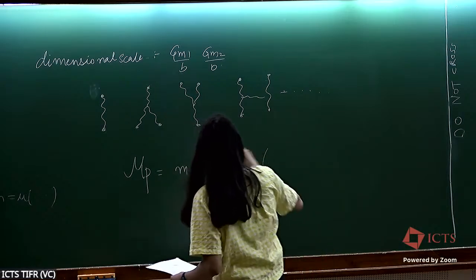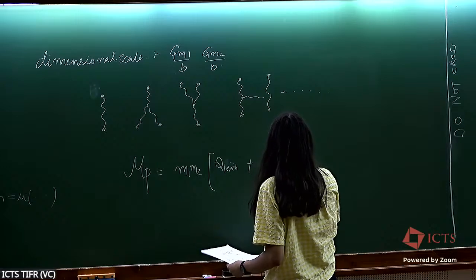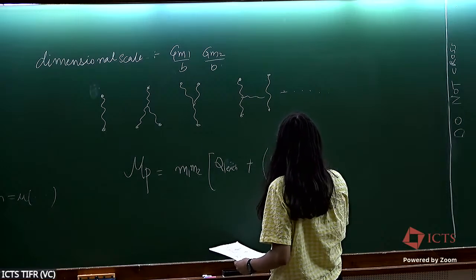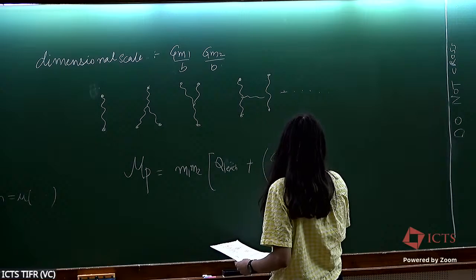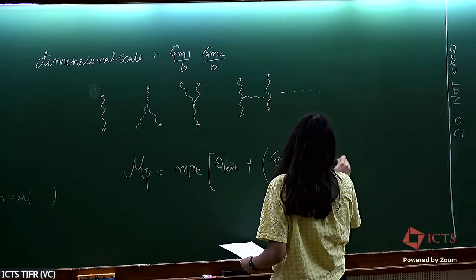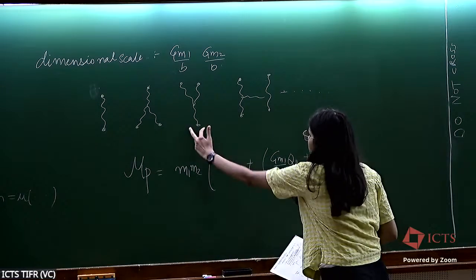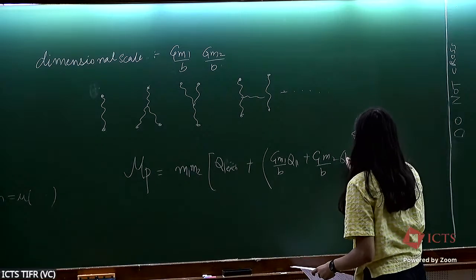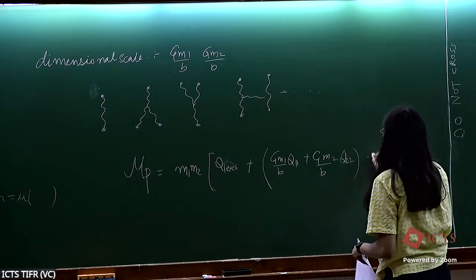Since the dimensionless scale is just G m1 over b, there could be another. These would be the results coming from this diagram.